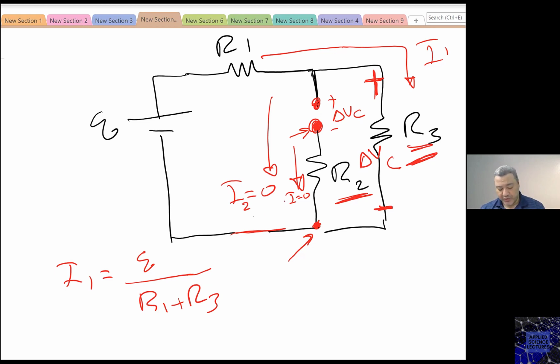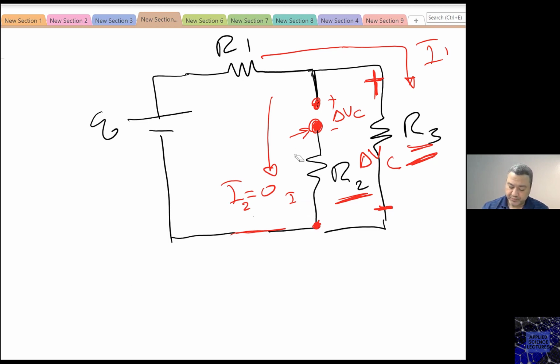The switch was closed for a long time, and now the switch is open again. So let's see what's going to happen. Switch was closed for a long time. And then the switch opened again.